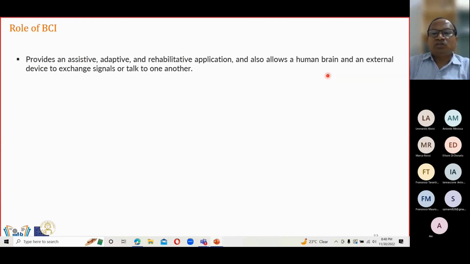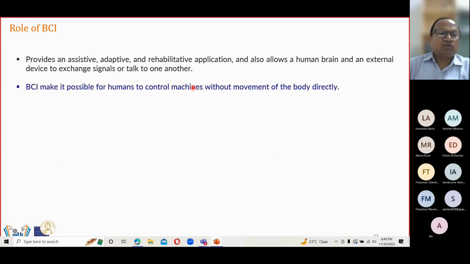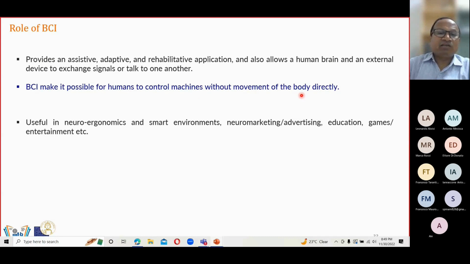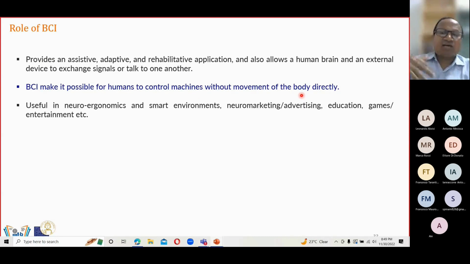BCI allows the human brain and an external device to exchange signals, to talk to each other. BCI makes it possible for humans to control machines without direct movement of the body, just wirelessly, think and do. It is used in neuroergonomics, where comfort, the entertainment industry, mechanical designs, and smart environments, neuromarketing, advertising, education, games, and the entertainment industry are involved.